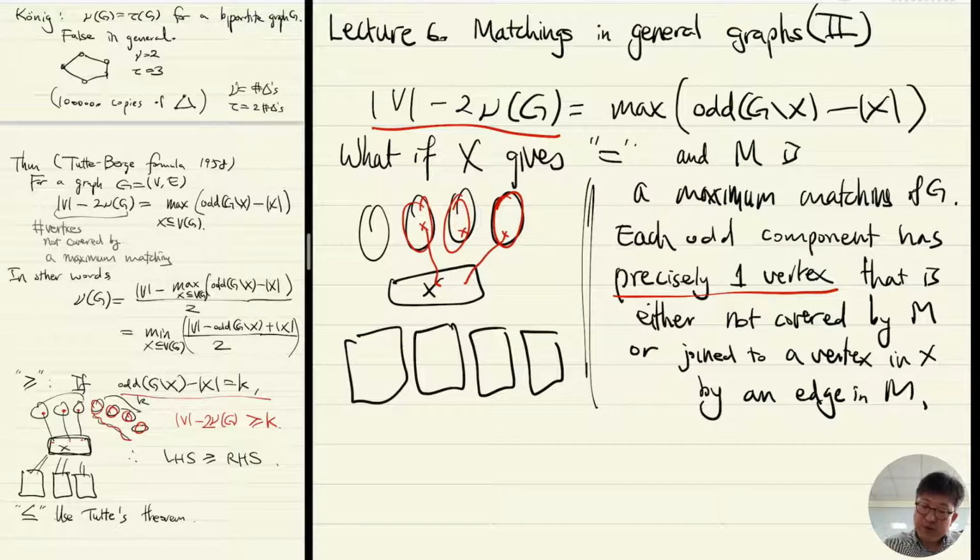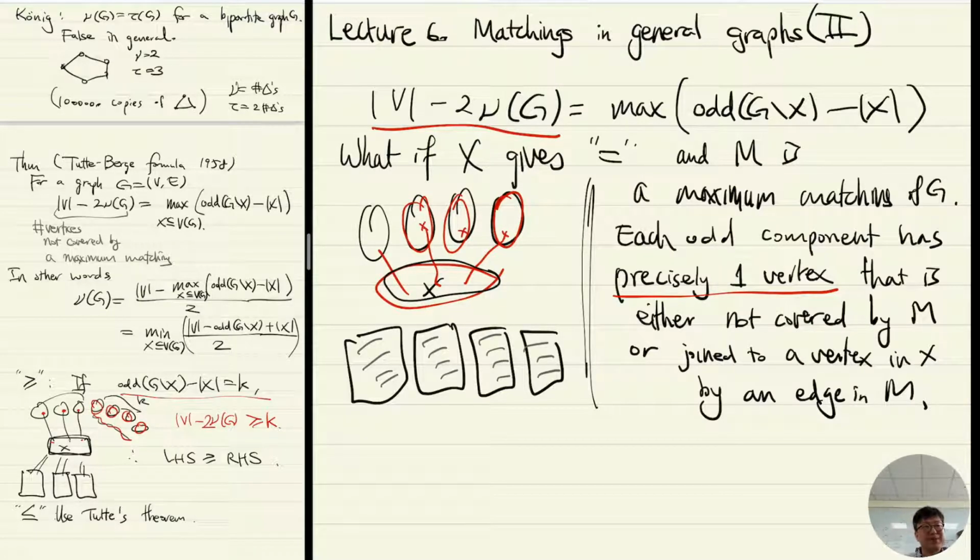And moreover, I knew already that every vertex in X is joined to somebody in an odd component, and because of that, X already has pairs in other components, so the even components have no option but to have a perfect matching.